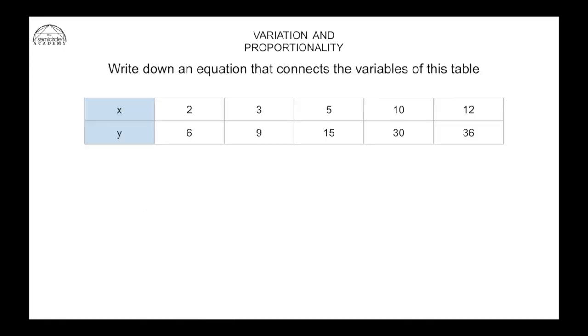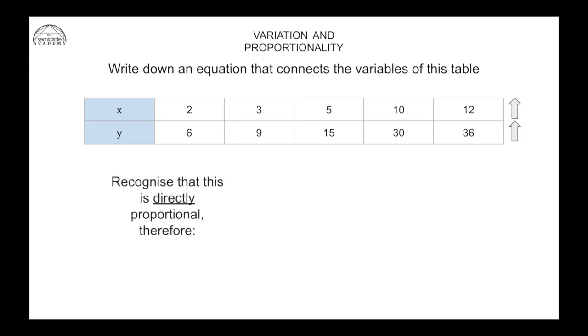So let's take a look at some of these questions right now. Write down an equation that connects the variables of this table. So we could see here that if we look at the x values, the x values are actually increasing. And when we look at the y values, the y values are also increasing. So when x increases, y also increases.